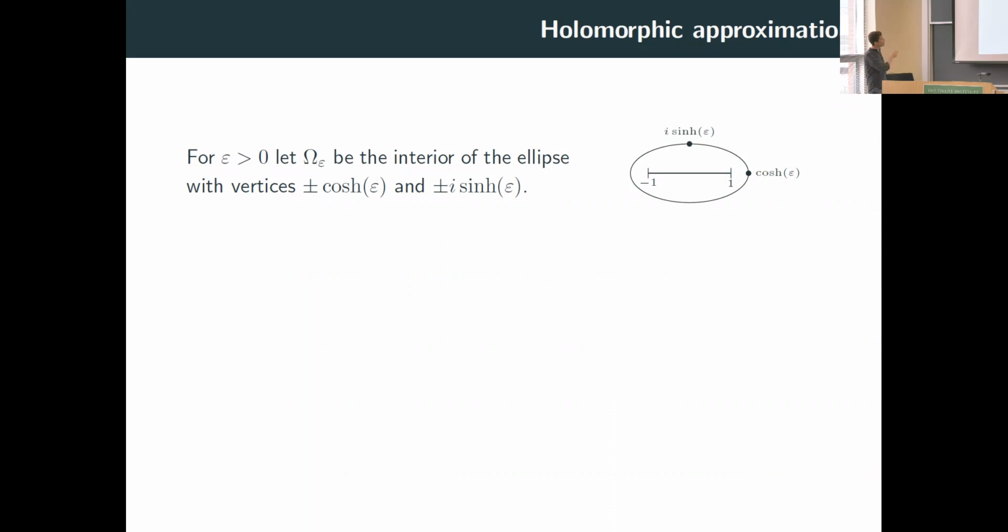So for every epsilon, I take omega epsilon, the interior of the ellipse in the complex domain, which has vertices hyperbolic cosine of epsilon and plus minus i times the hyperbolic sine of epsilon. So it looks like this, and notice that the unit interval -1, 1 is always contained in the interior of this ellipse. Okay.